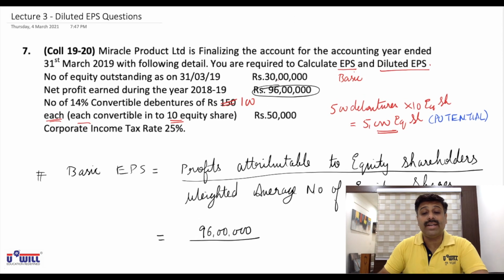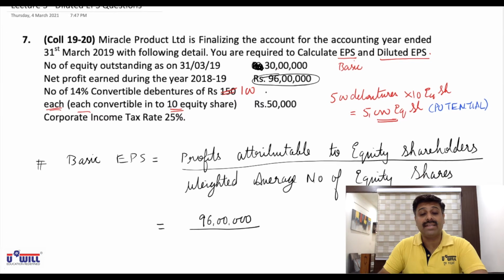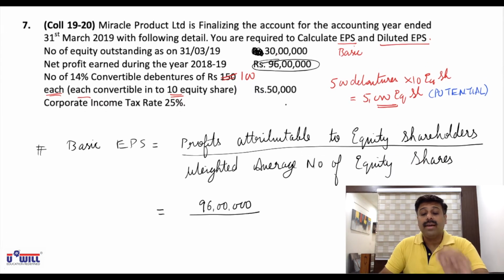divided by, what are the weighted average number of equity shares presently? Number of equity shares outstanding as on 31/3/19 are, it should not be rupees, it should be only 30 lakhs. That's it. So 30 lakhs are there. I think here also there is a correction. Rupees should not be there. Instead of face value 150 also you may keep it, but rupees should not be there.